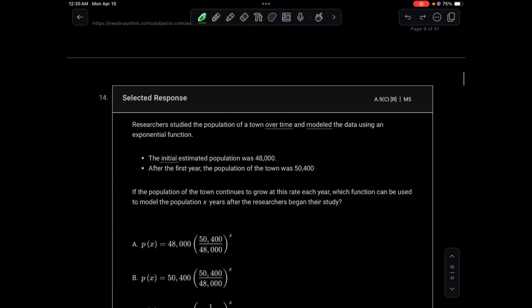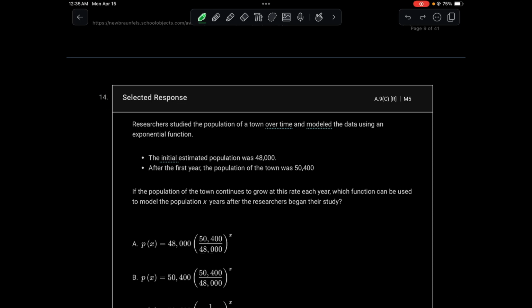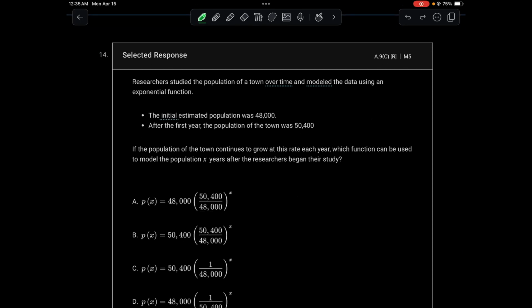Okay, so let's go to number 14. Researchers studied the population of a town over time and modeled the data using an exponential function. Okay, exponential function, the most frequent and usual form is a times b to the x. And a is the initial value or the y-intercept on the graph.